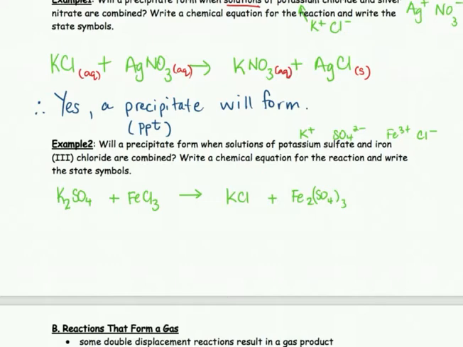Then double check your work, make sure everything looks good. Now you have your compounds here. You have to find your state symbols now, so go and use your solubility table.